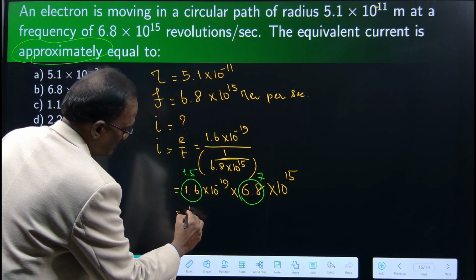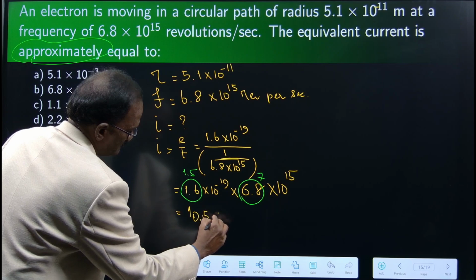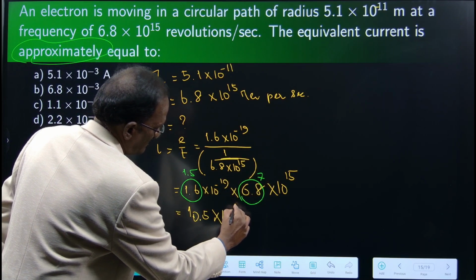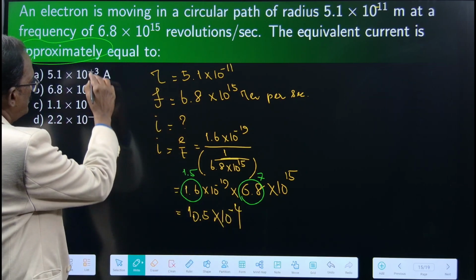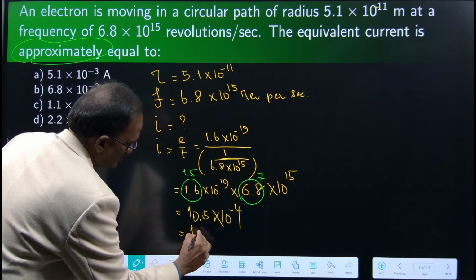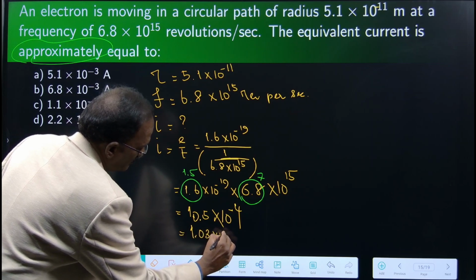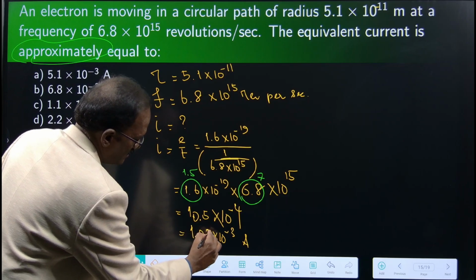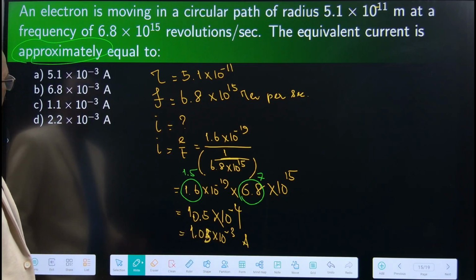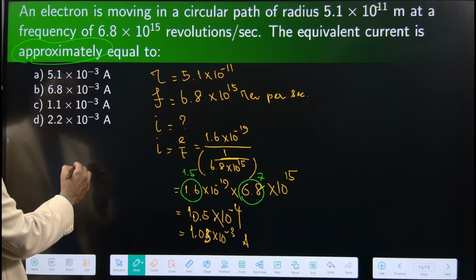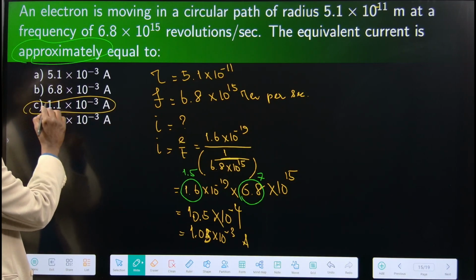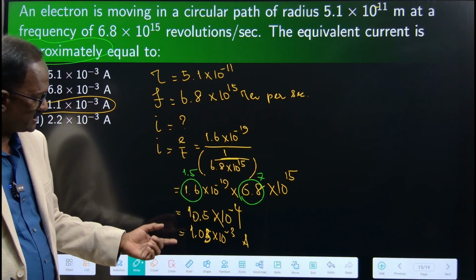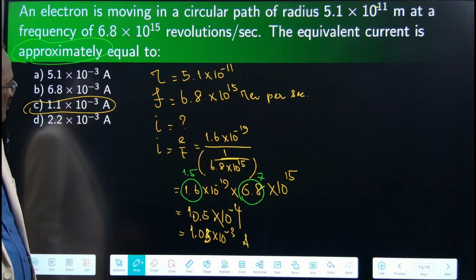So this will be 10.5, minus 19 plus 15, minus 4. So all are with minus 3. So this is 1.05 × 10^-3 is our answer. The nearest answer is 1.1 × 10^-3. If we make the accurate value, we will get 1.1 × 10^-3.